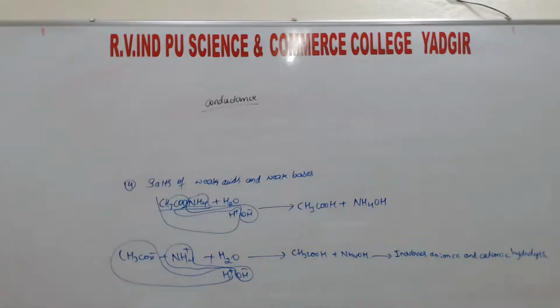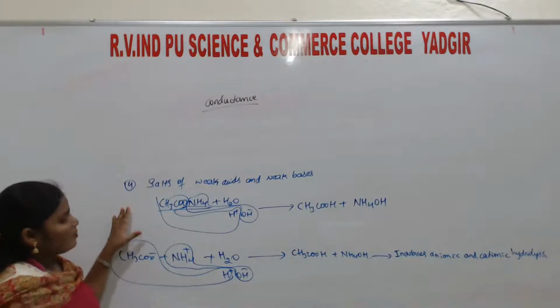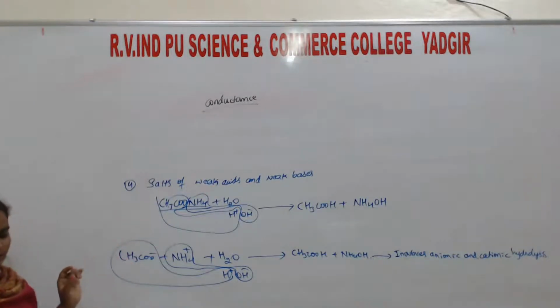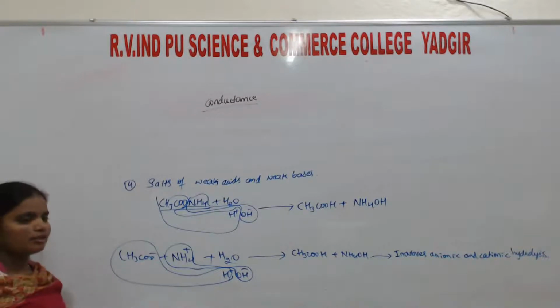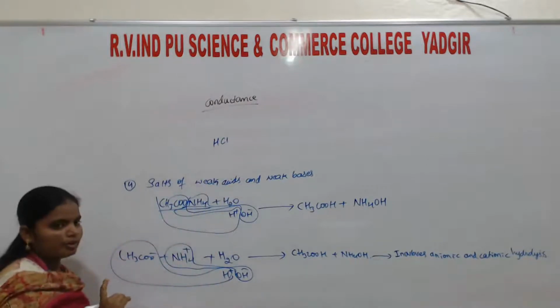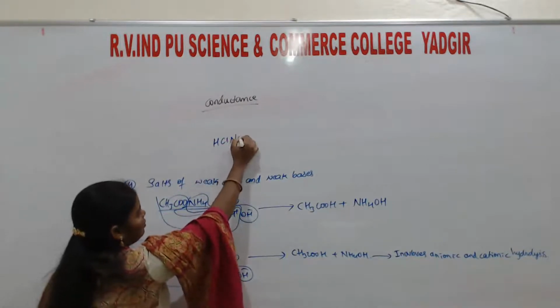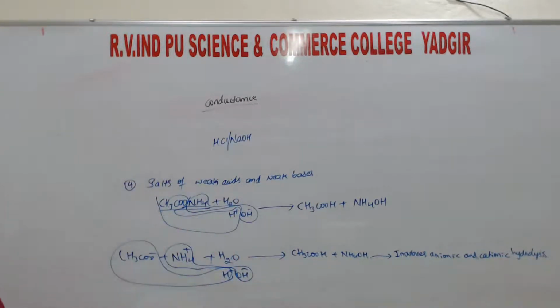Okay, see here, this is salts of weak acids and weak bases. The first one is salts of strong acids and strong bases. Strong acid is HCl, and strong base is sodium hydroxide, NaOH. And second is the salts of weak acids and strong bases.